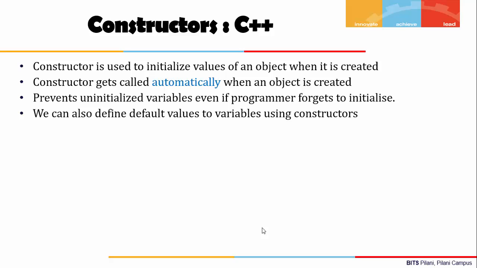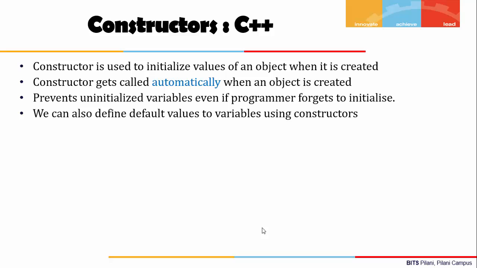Automatic initialization is carried out using a constructor. So a constructor is a member function that is executed automatically whenever an object is created. This prevents uninitialized variables even if the programmer forgets to initialize. Also, we can define default values for variables using constructors.